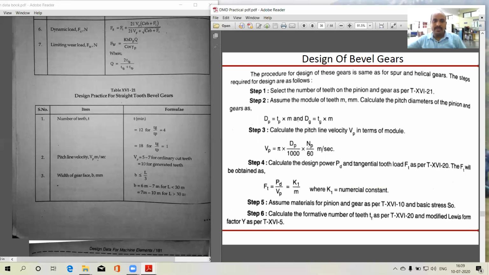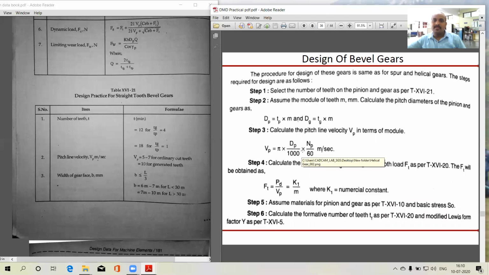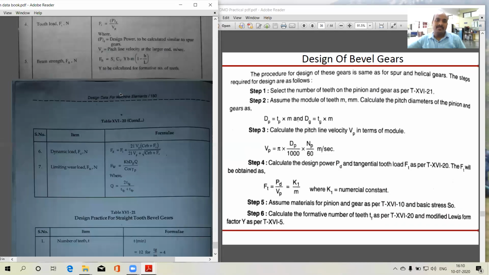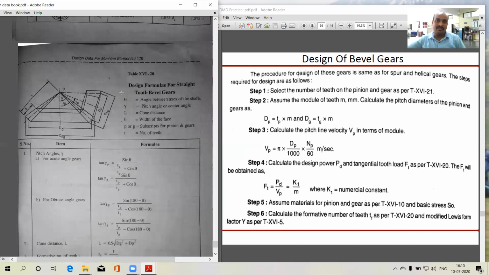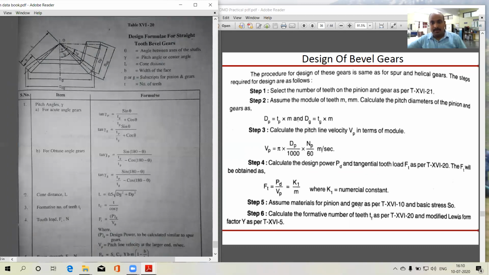Now to calculate the design power, just come to page number 179. Calculate the design power PD and the tangential tooth load FT.